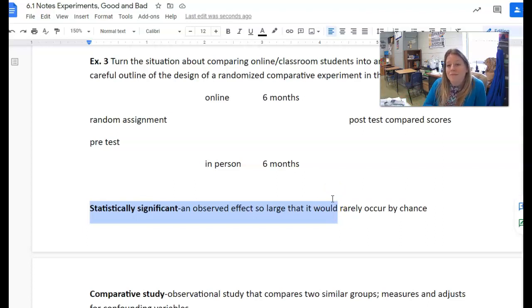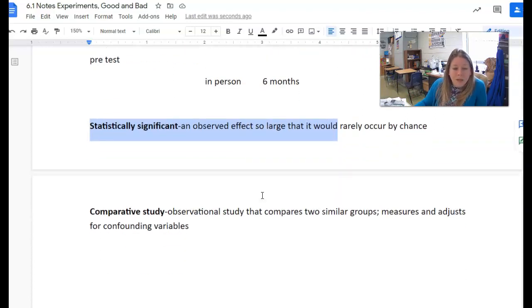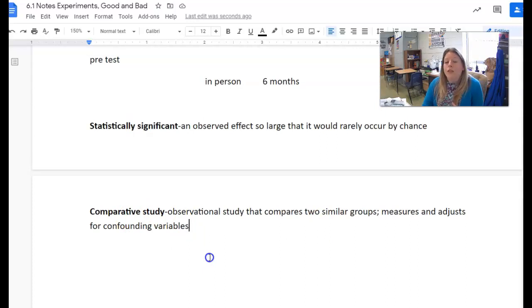So it's just, if it's too high to have happened by chance. Right? And then we have a comparative study. Observational study that compares two similar groups, measures and adjusts for confounding variables. So that's like an experiment, but there's no treatment involved. So they're actually watching the in-person classes and they're watching the online classes, but they're adjusting for the confounding variables. So they would have adjusted for those pretest scores being different and maybe measured for improvement instead of just average score.